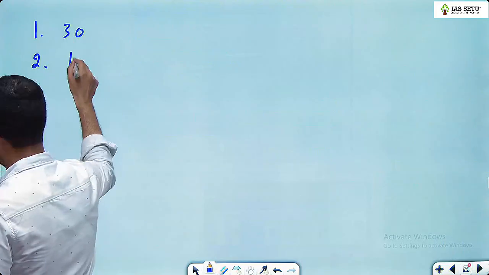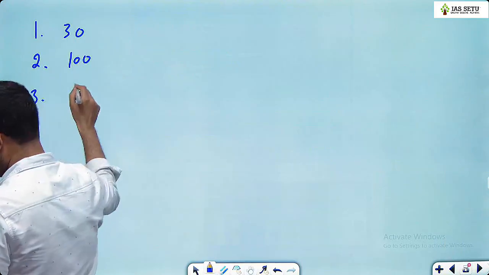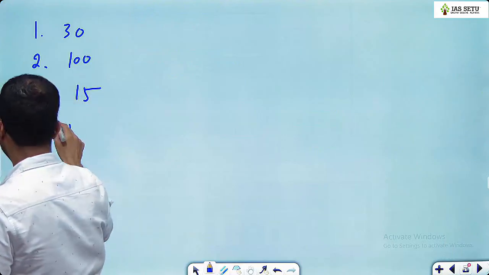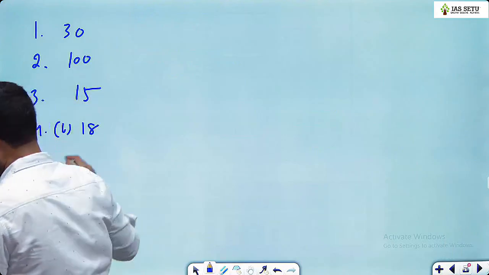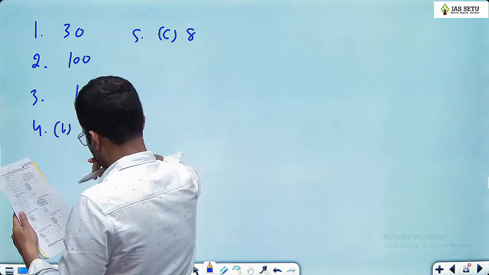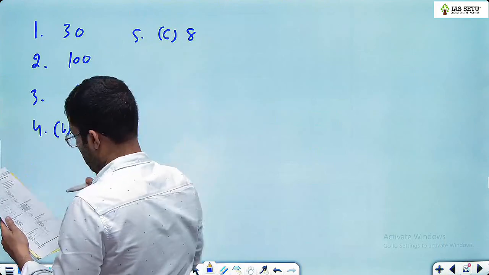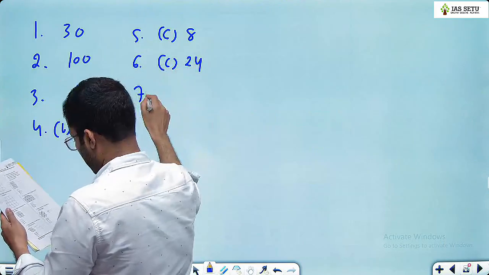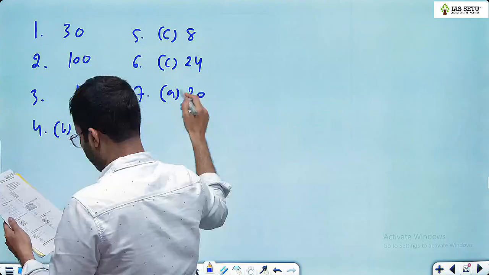Question number 2 answer is 100. Question number 3 answer is 15. Question number 4 answer is B 18. Question number 5 answer is C 8. Question number 6 answer is C 24. Question number 7 answer A 20.